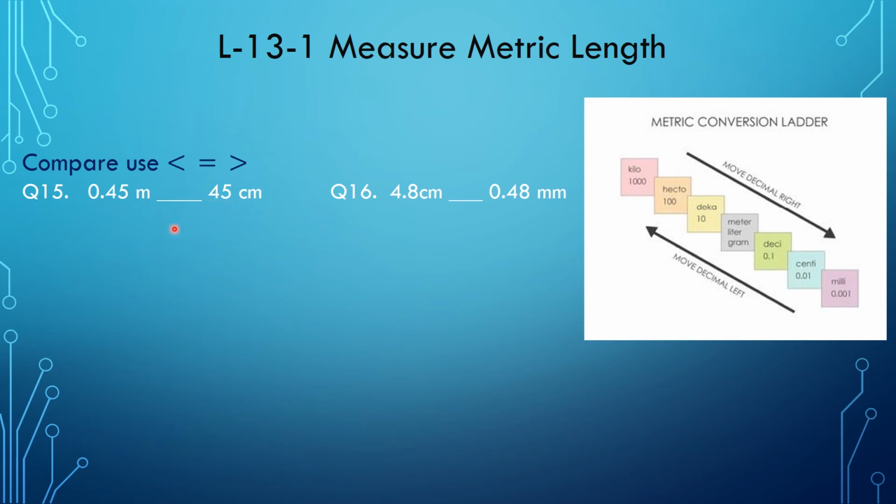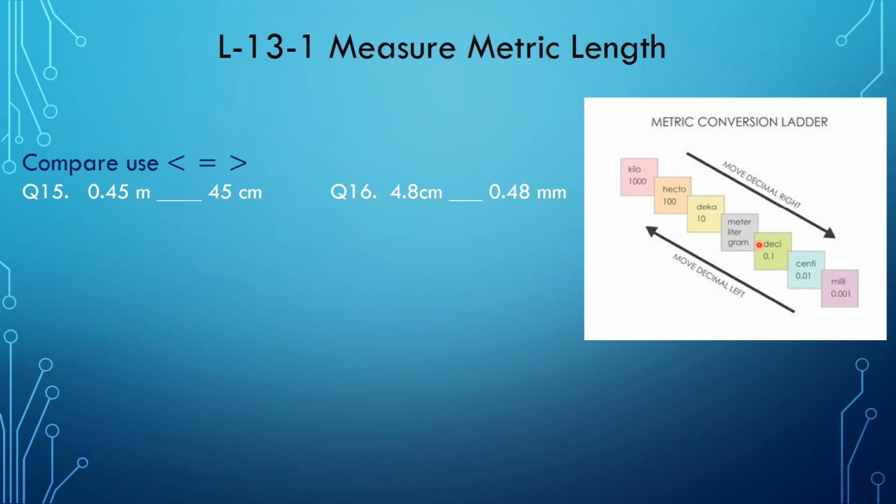Then you can see both have different unit. For the comparison, always remember same unit. In this one also centimeter and millimeter, different unit. Then first convert to the same unit. Then you can see 0.45 meter to centimeter.